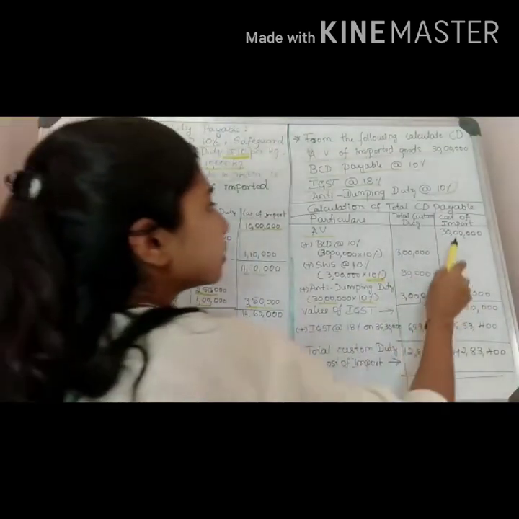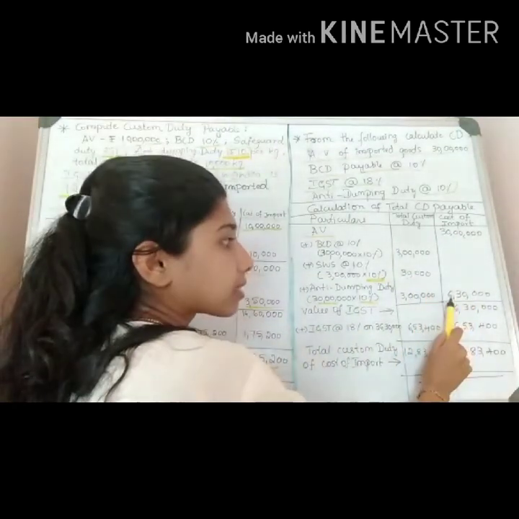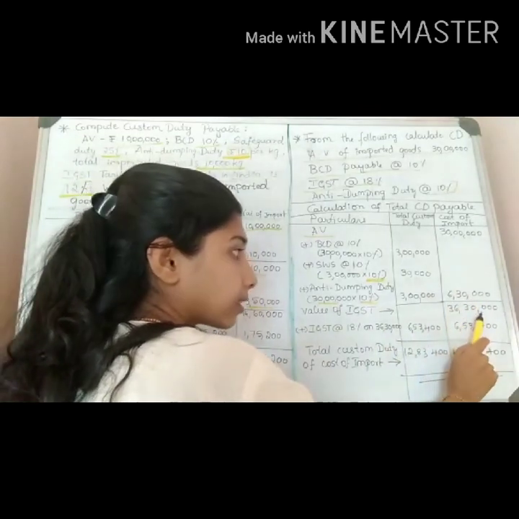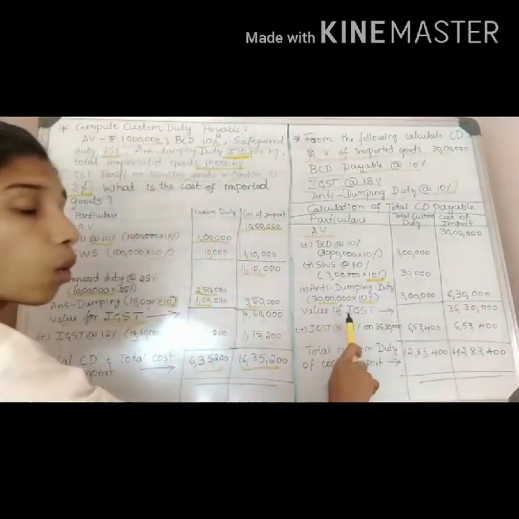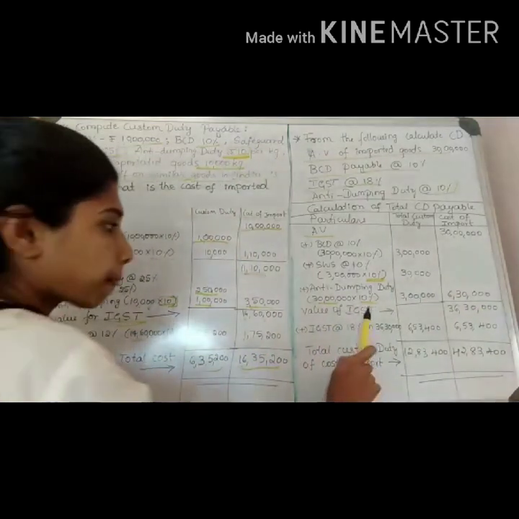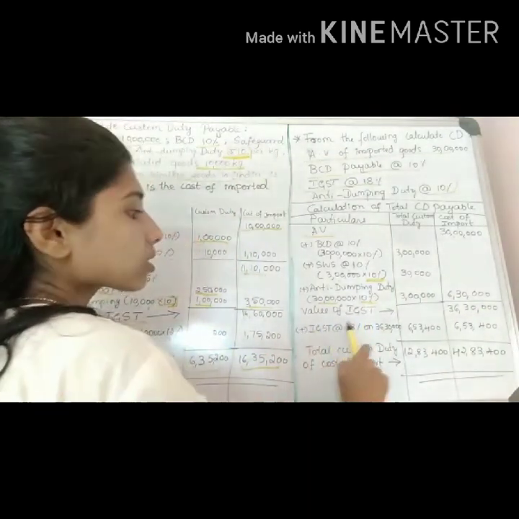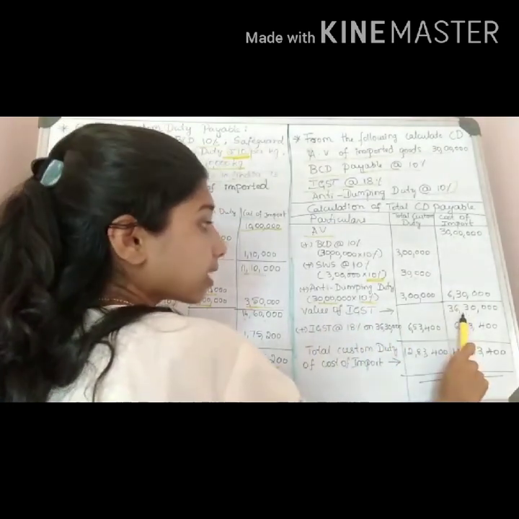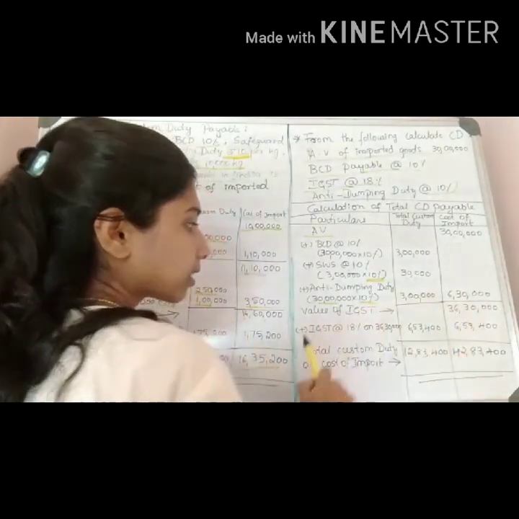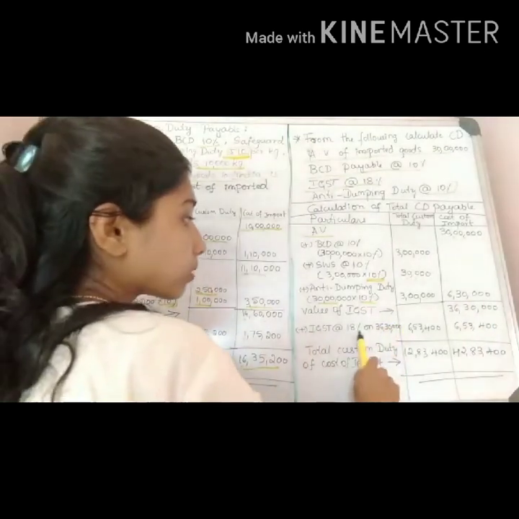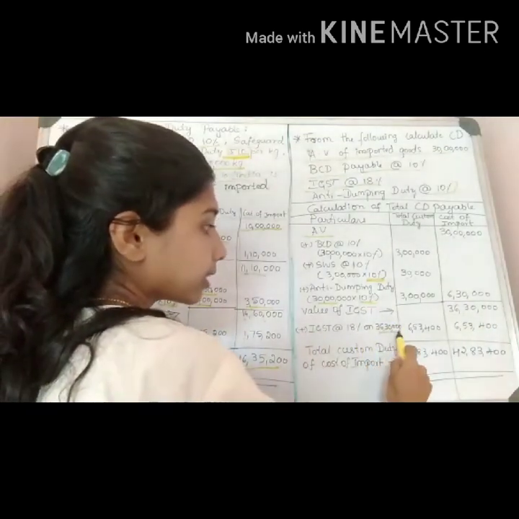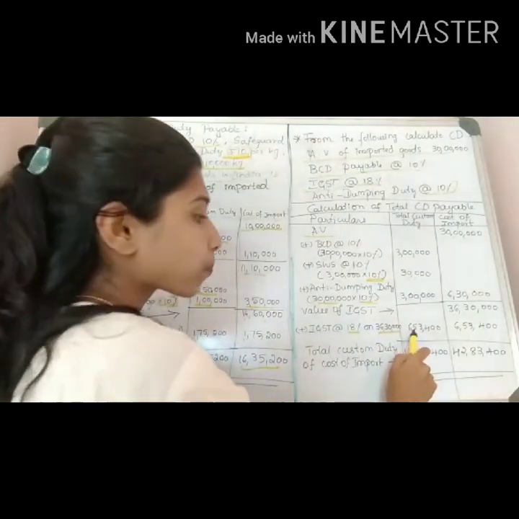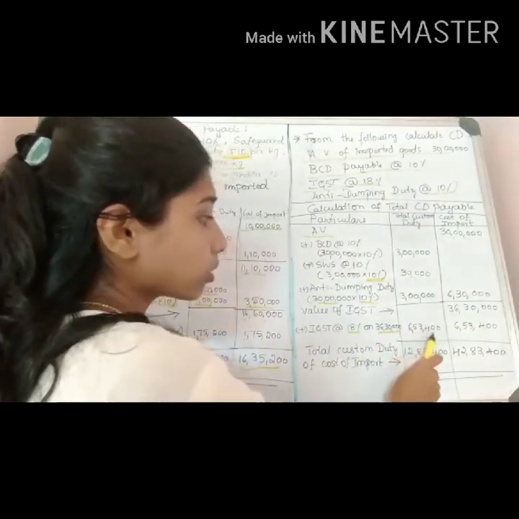So total 30 lakh plus 6 lakh 30,000, 36 lakh 30,000, is the value for IGST. Next, plus IGST at 18% on 36 lakh 30,000, which is rupees 6 lakh 53,400.